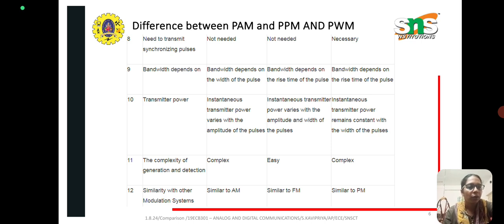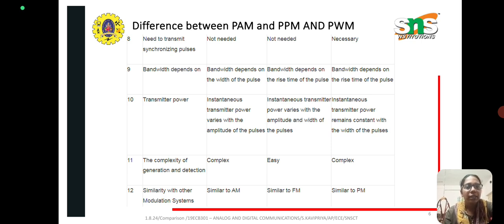Transmitted power in case of PAM is instantaneous transmitted power, which varies with the amplitude of the pulses. In case of PWM, instantaneous transmitted power varies with the amplitude and width of the pulses. In case of PPM, instantaneous transmitted power remains constant with the width of the pulses.